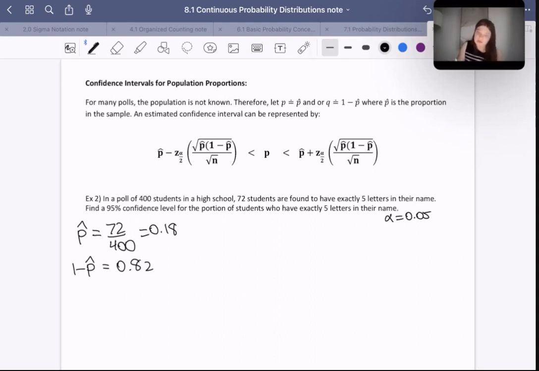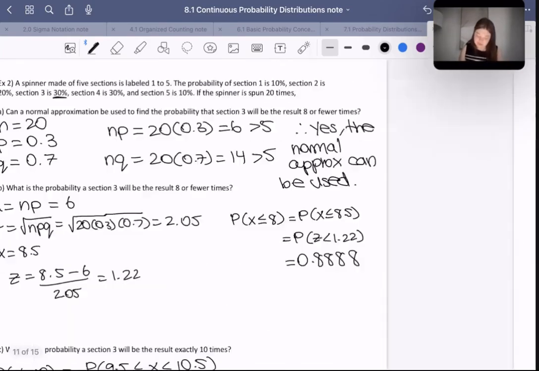Now, we also know that z alpha over 2 in this case would be z of 0.025. What we want is 95% confidence, so we would like to figure out 97.5 on the probability scale, and also 2.5, for the same reasons as the previous example.